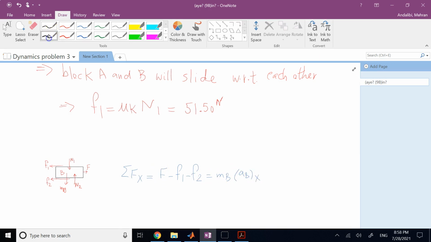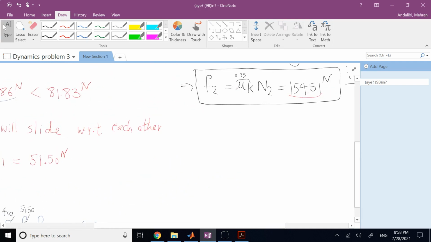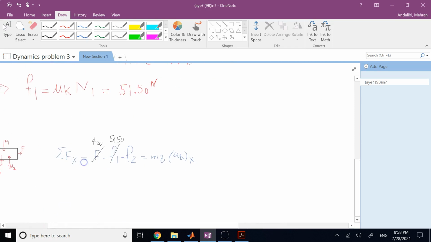F is 400. F1, we found it. It is 51.50. F2, we also found. It is 154.51. M of block B is 30 kilograms.